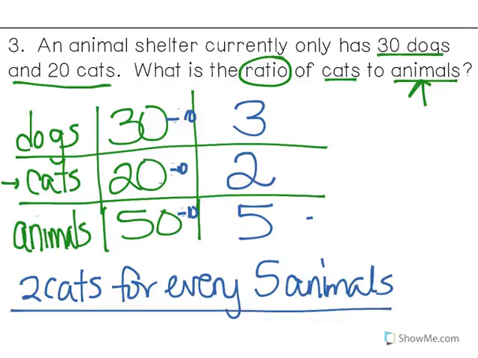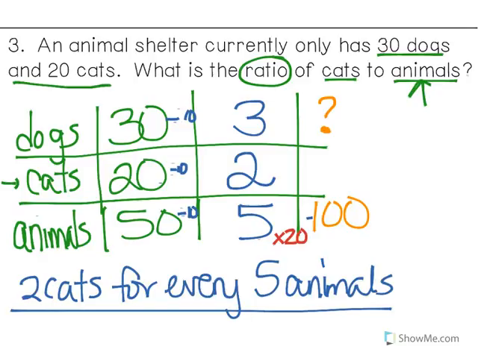But what if I wanted to make a prediction? A proportion lets me make that prediction. I want to know how many dogs there will be if there were 100 animals. So I know that 5 times 20 is 100.